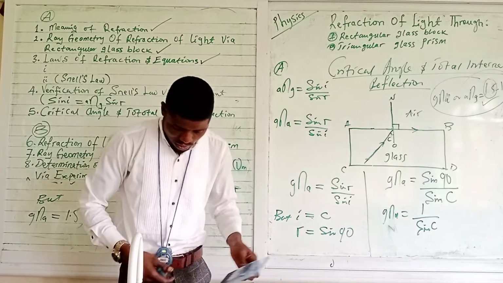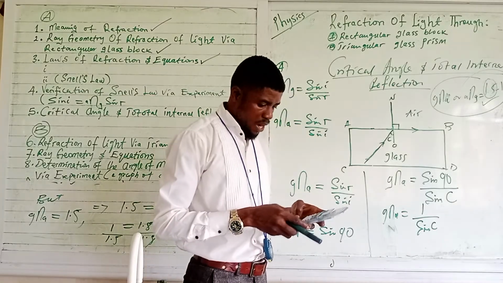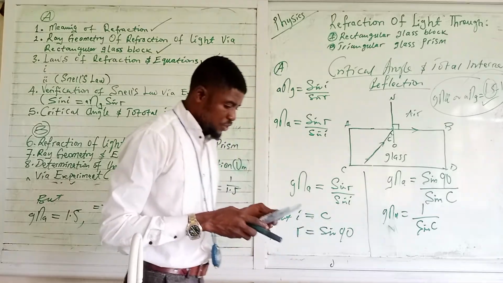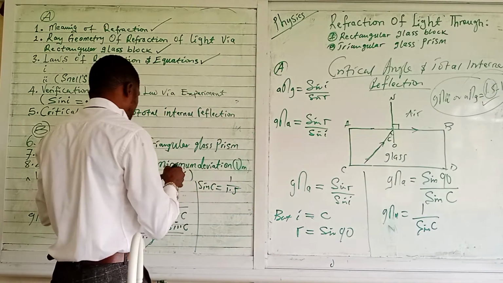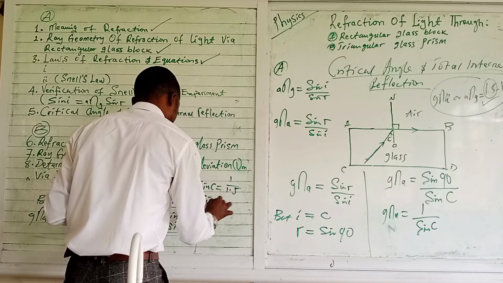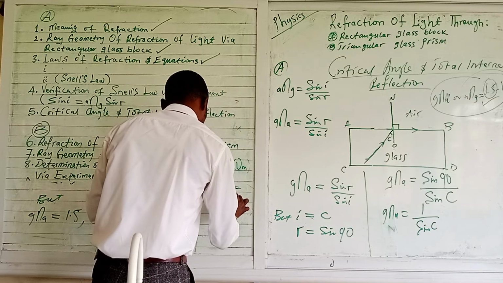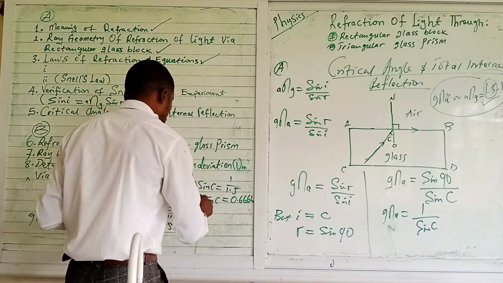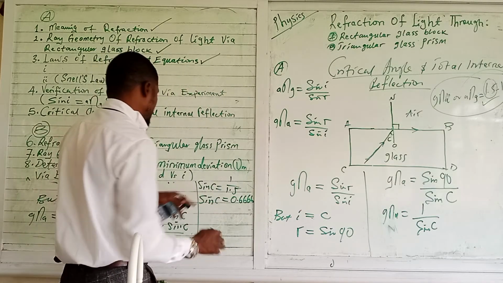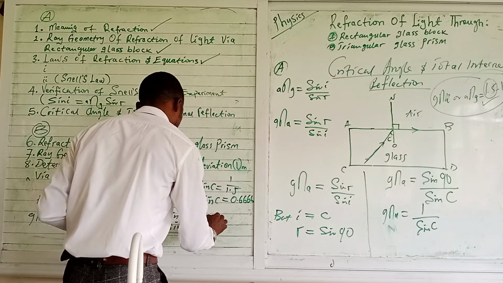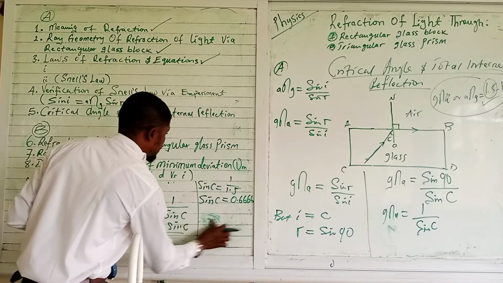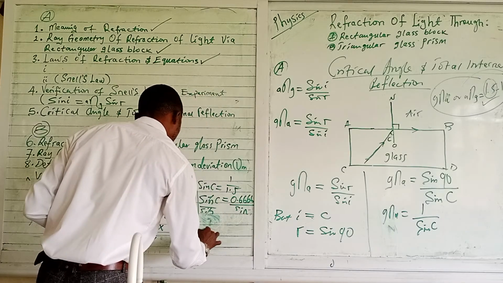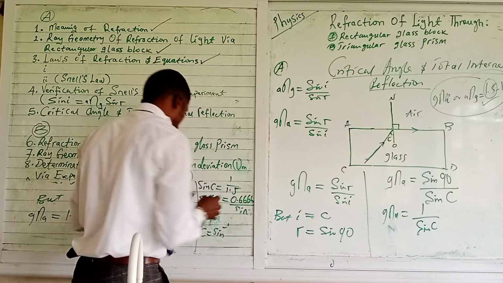If you do that correctly, 1 divided by 1.5 will give you 0.6666 recurring. So sine c is equal to 0.6666. You take the inverse of sine. So your c is the sine inverse of this.